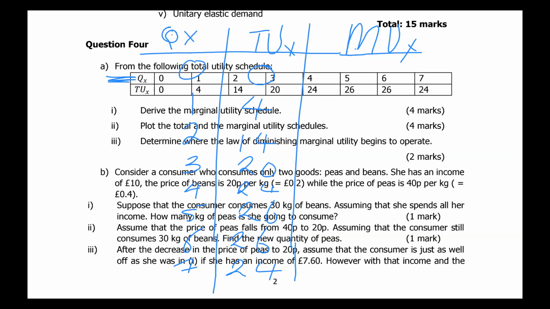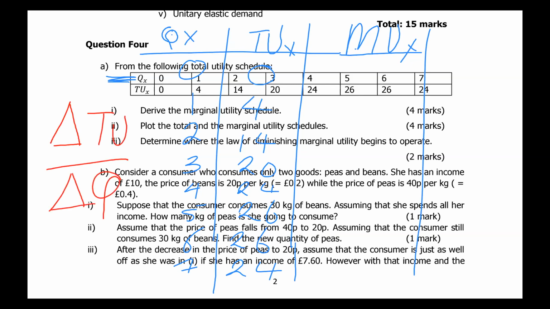Now, the question says, derive the marginal utility schedule. So they want you to come up with the schedule for marginal utility. I've already written the column, this MUX is marginal utility. So how do you come up with it? Marginal utility is additional satisfaction, defined as the change in total utility over the change in quantity. The small triangle means change.